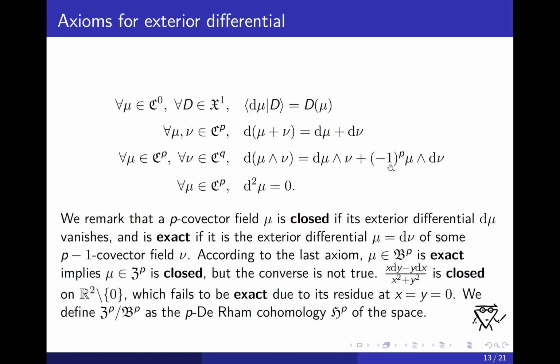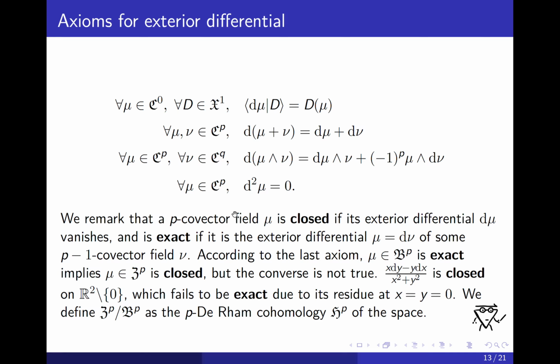So we should add a factor, -1 to the power p, to respond to that anti-commutativity. And this is very misleading, and sometimes people make a lot of mistakes out of this factor. So we should be careful about this.